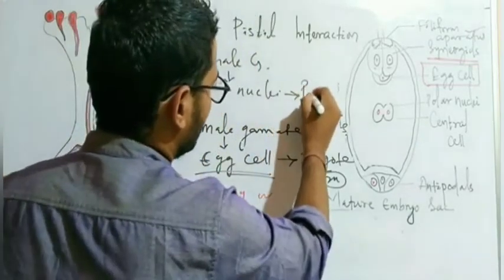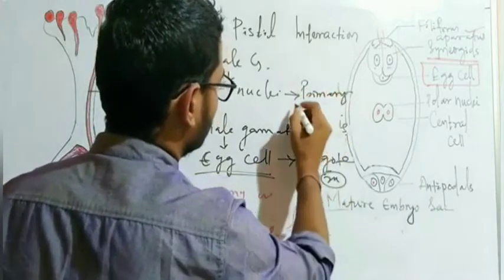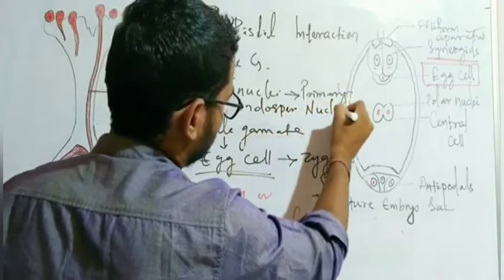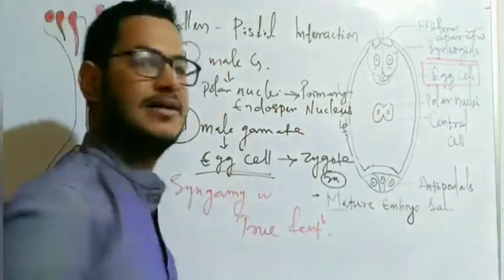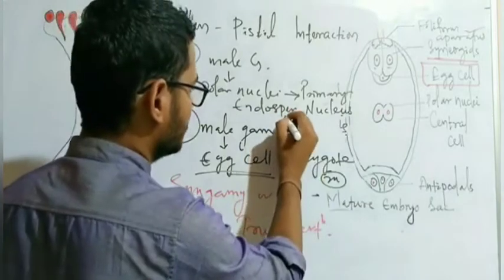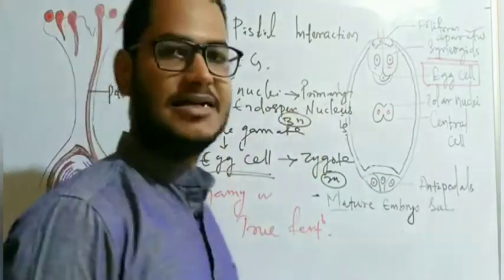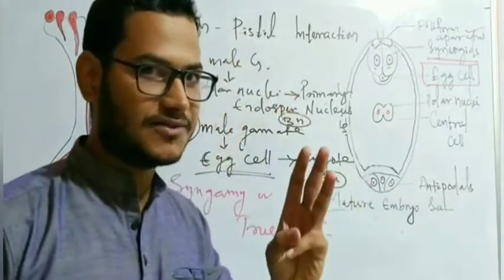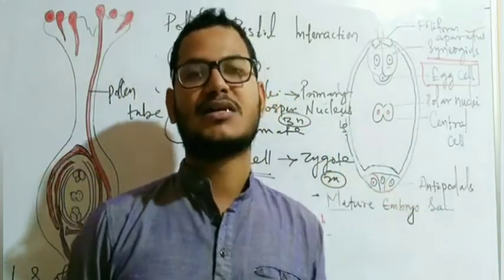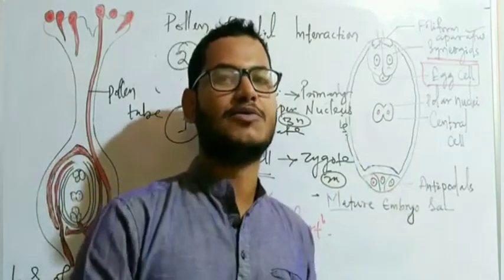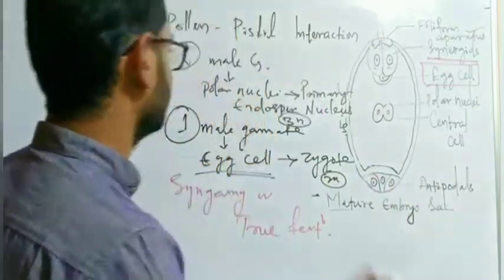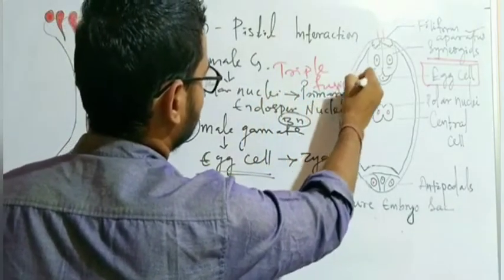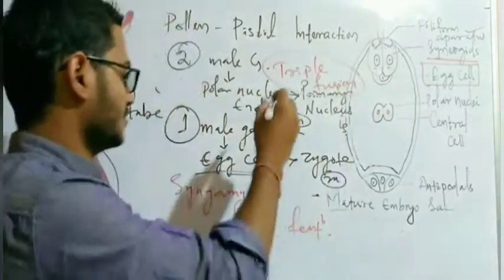It has 3n number of chromosomes, so it is triploid. Due to the fusion of 3 haploid nuclei, this process is called triple fusion.